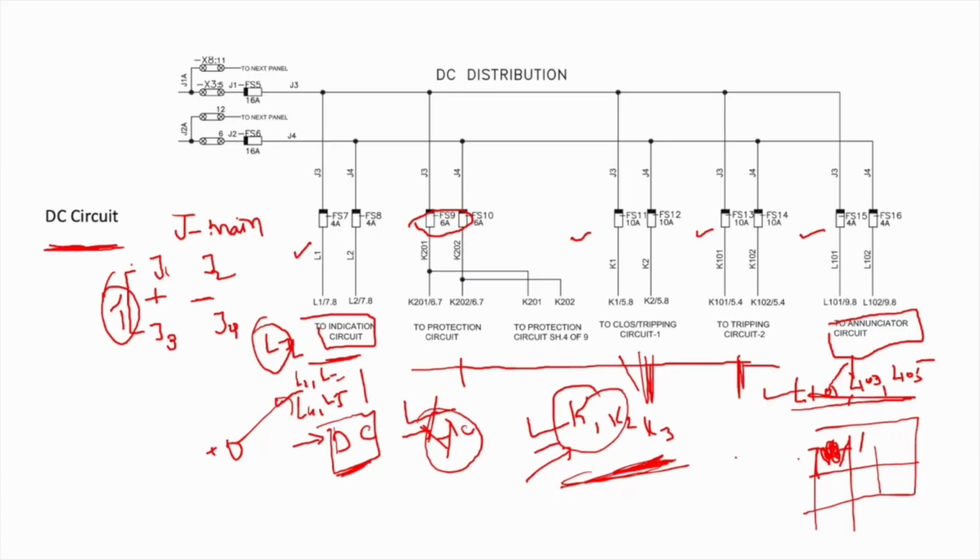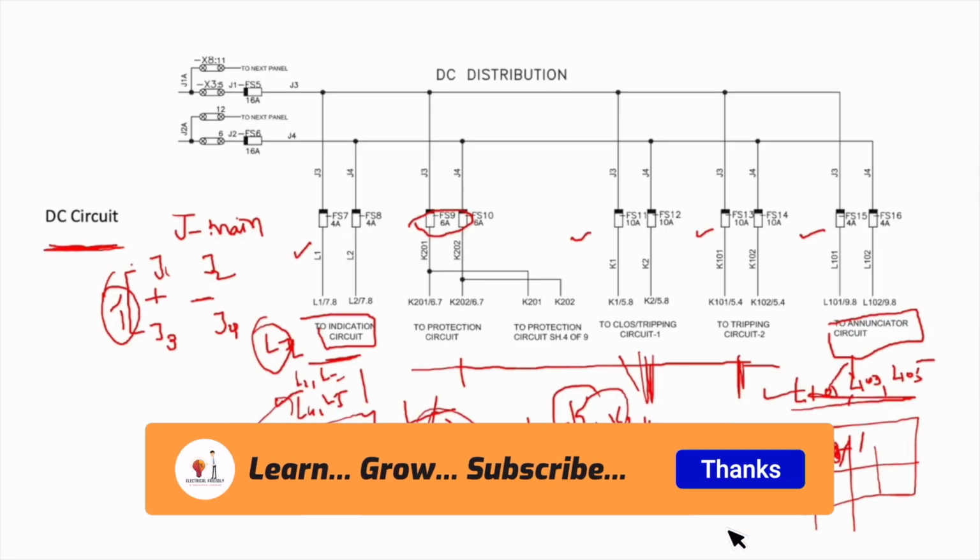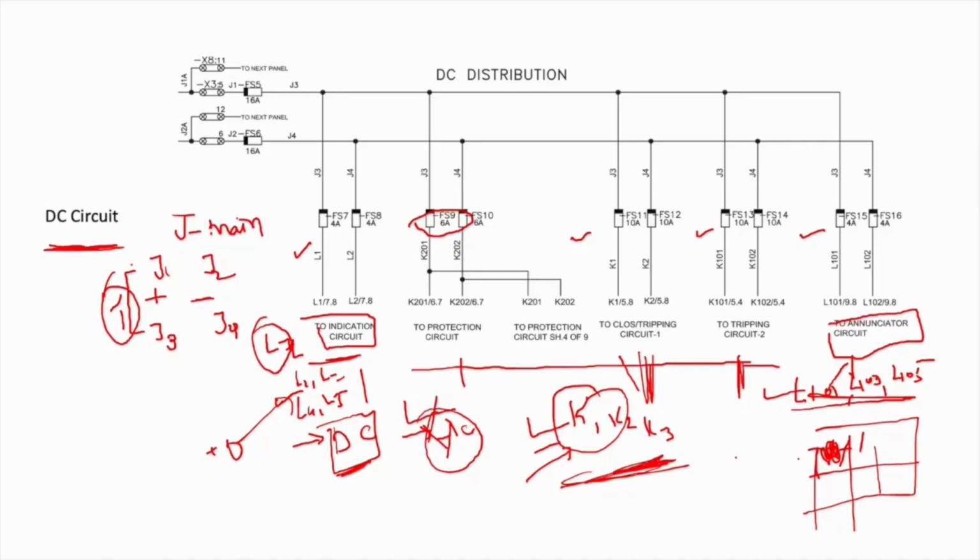Okay? So the entire distribution circuit works with these ferrules. The basics of ferrules that I've shown you will make your work much easier because we need to know which wire shows what element. What does it identify? Let's say you have a wire going from here to here.